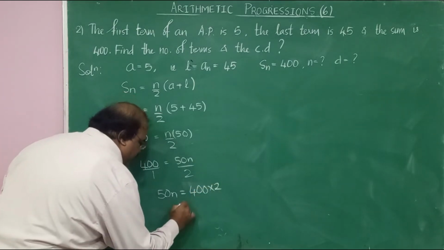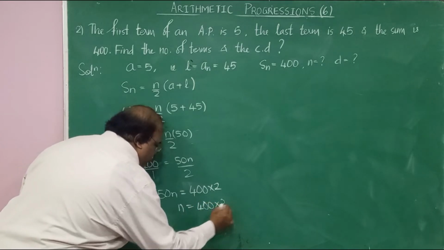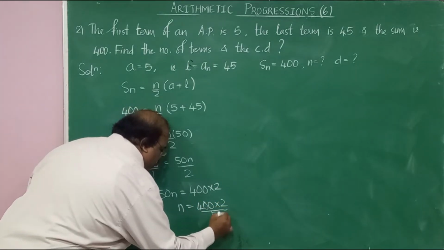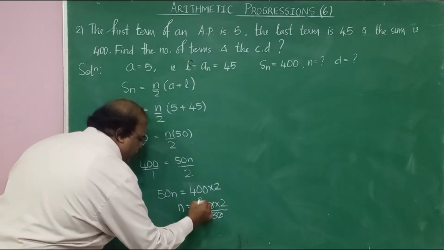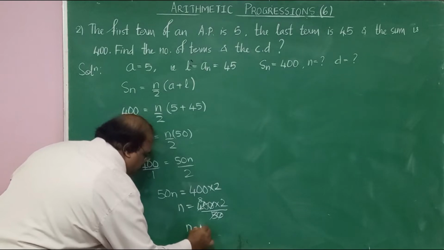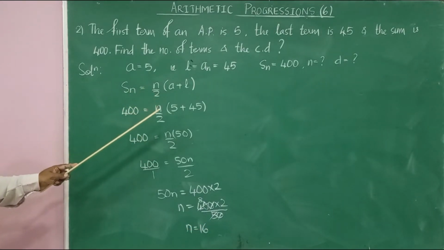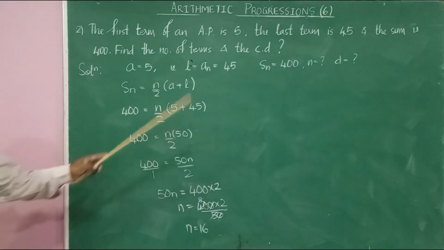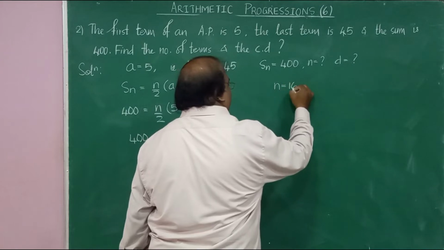So what is n? 400 into 2 upon 50. 5 eights are 40. So n is equal to 16. Now I know that there are 16 terms in the arithmetic progression.